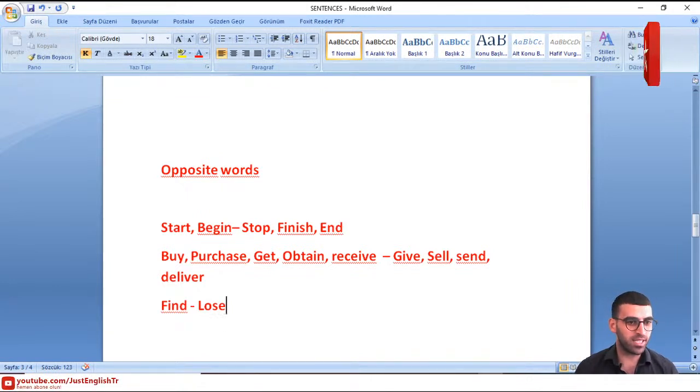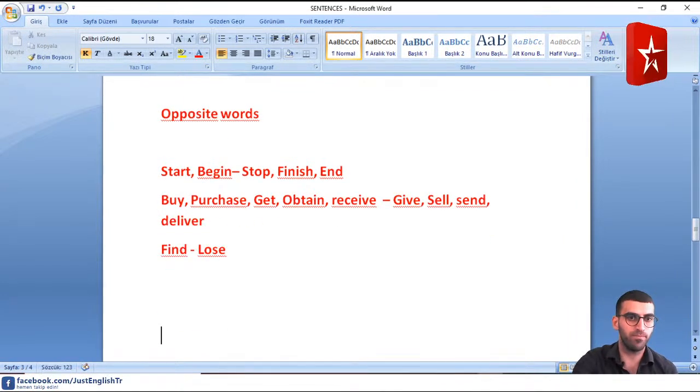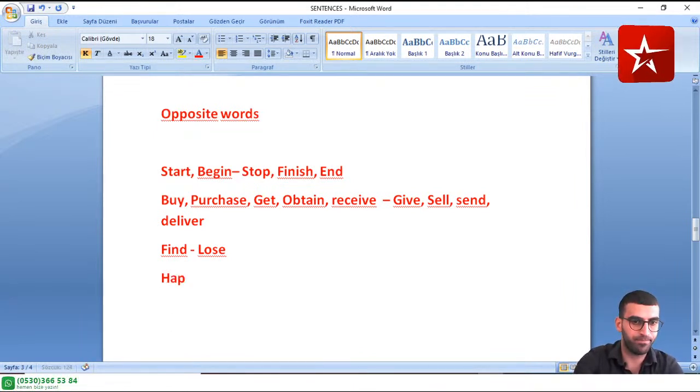Get and lose may be used in different positions, in different situations. The next one, for example, we said start, buy, find. Let me write adjectives.